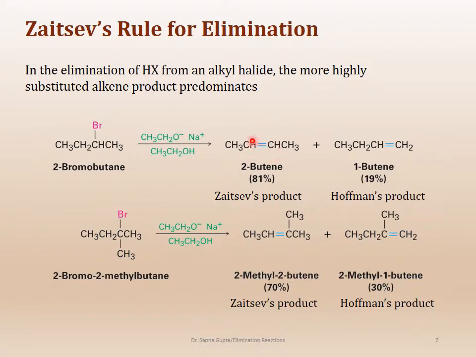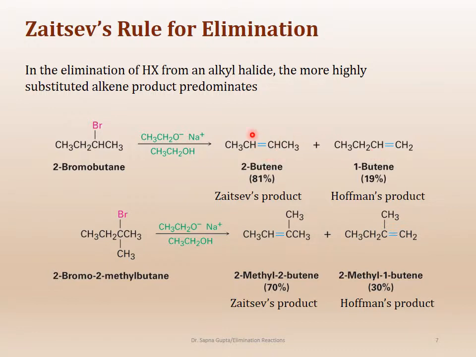If you carefully look at this alkene over here, it is in between two carbons, which have two hydrogens and then two carbons over here. In the case of the terminal alkene, this alkene has this carbon which has two hydrogens, one hydrogen here and a carbon here, which means that the internal alkene has two carbons attached to it, whereas the terminal has only one carbon attached to it.